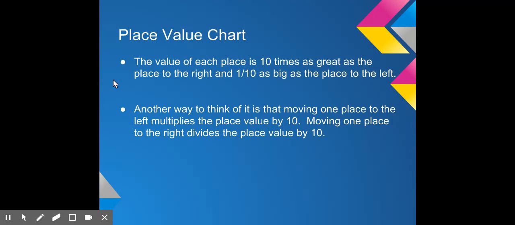That means that as you get bigger on the place value chart, you would multiply the places by 10. As you get smaller, you would divide by 10 or multiply by 1/10, which is the same thing. Another way to think of it is that moving one place to the left multiplies the place value by 10. Moving one place to the right divides the place value by 10.